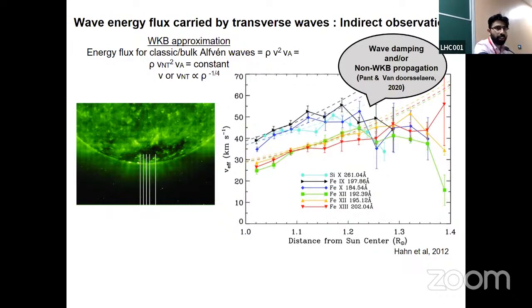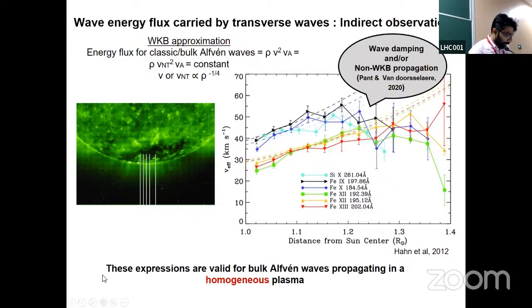So you see wavelengths are much larger than the scale height. So probably the WKB approximation is not a good way to estimate the energy flux, and one has to consider these non-WKB approximations.